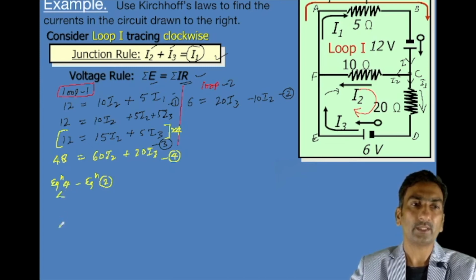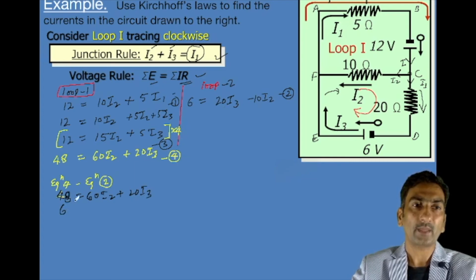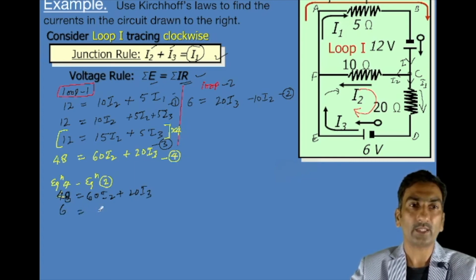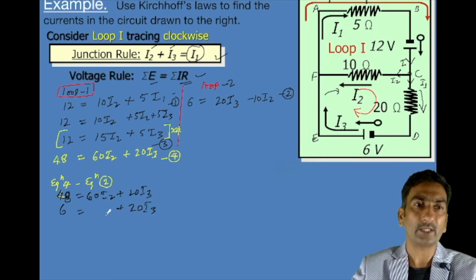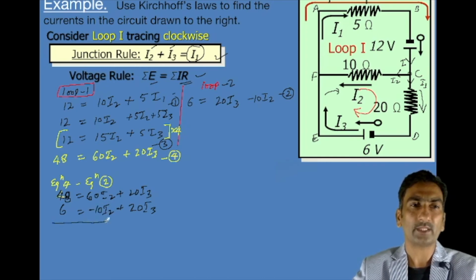So 48 is equals to 60 I2 plus 20 I3, and that equation we can write it again. It is 6 is equals to 20 I3, and plus that is negative 10 I2, so minus 10 I2.